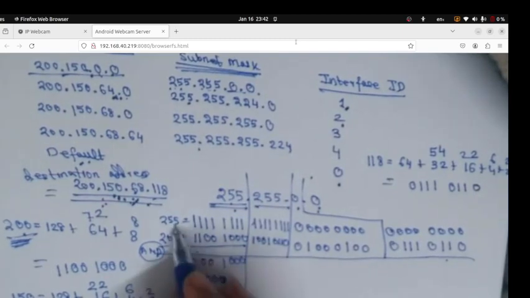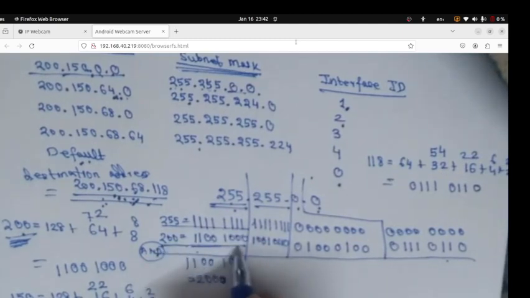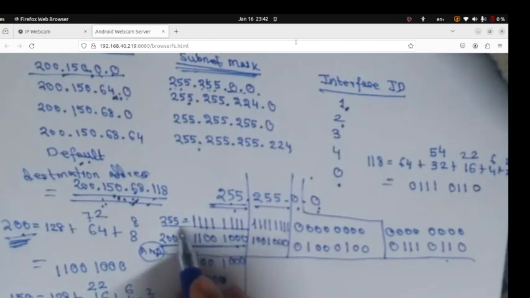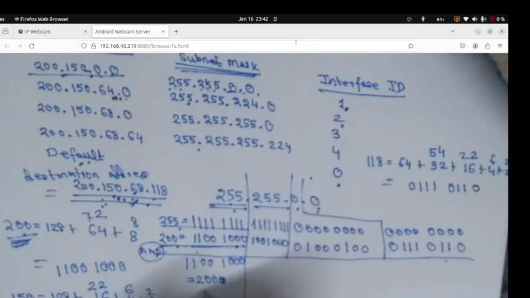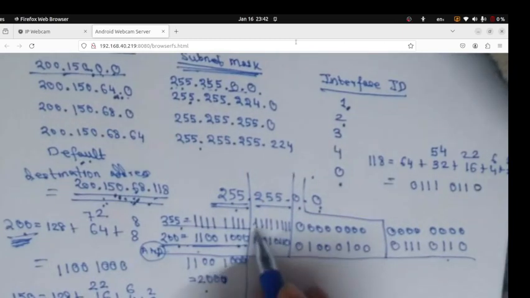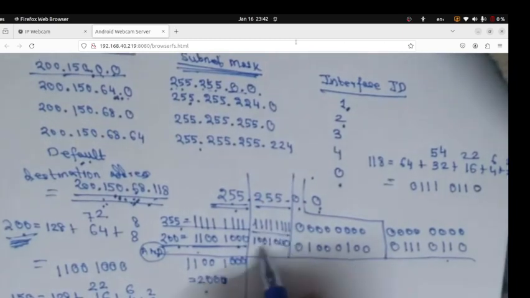If 255 is there, and I do the bitwise AND operation of any 8-bit number with this 255, we get the number itself. So here I am getting 200. Similarly here it is 255 and this value is 150, so after the bitwise AND operation I will get 150.